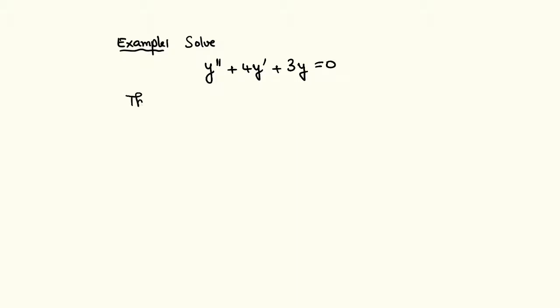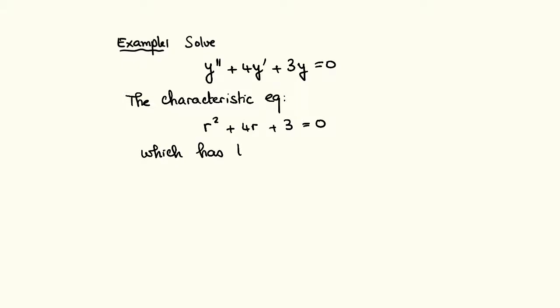So the characteristic equation is r squared plus 4r plus 3 equal to 0, which has two roots, r1 equal to -1 and r2 equal to -3.